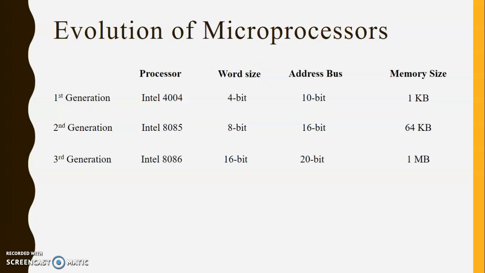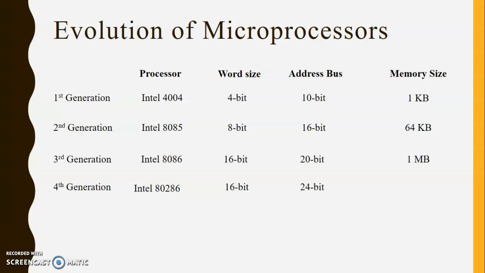After which came fourth generation microprocessor. The very first fourth generation microprocessor was Intel 80286. The data bus size for which was 16-bit, which is nothing but word size.